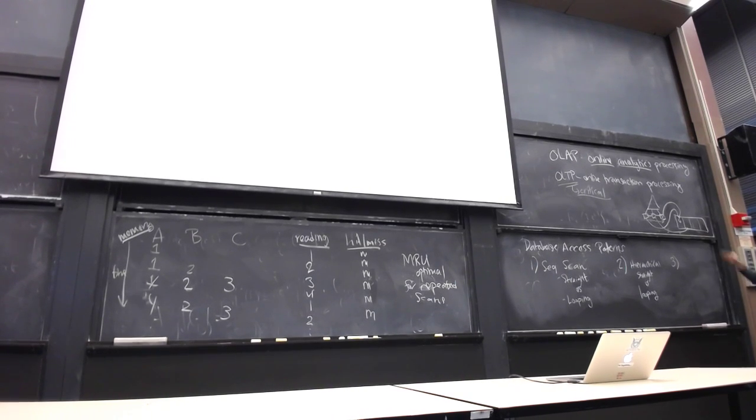Okay, all right, so now what about this sort of access pattern? Think about traversing along the leaves of a B tree when the B tree is unclustered. What kind of access pattern do we see in the heap file in that case?